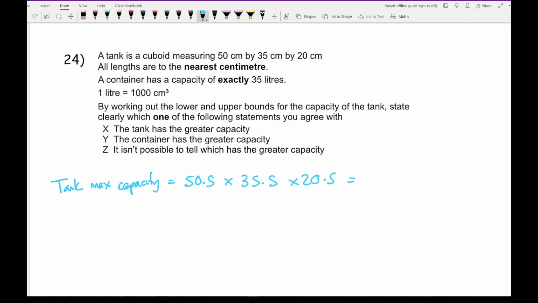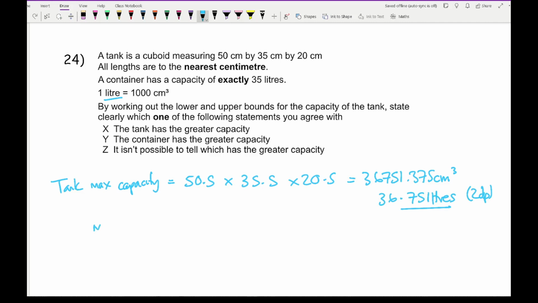And if I type that all into my calculator, 50.5 times 35.5 times 20.5, I get an answer of 36751.375, and that's in centimetre cubed. I then need to convert that into litres. So if I divide that by 1000, I get 36.75 litres, and that's to 2 decimal places.